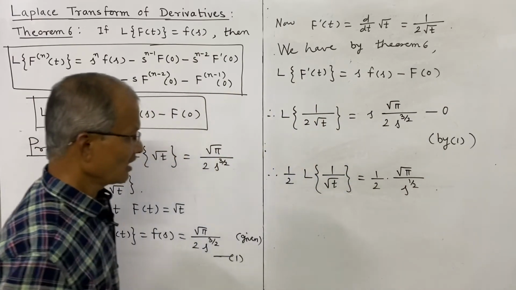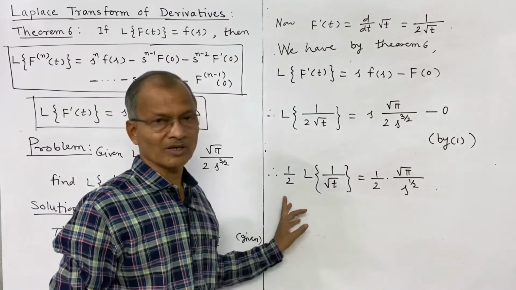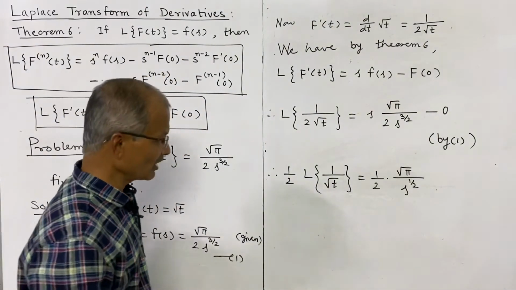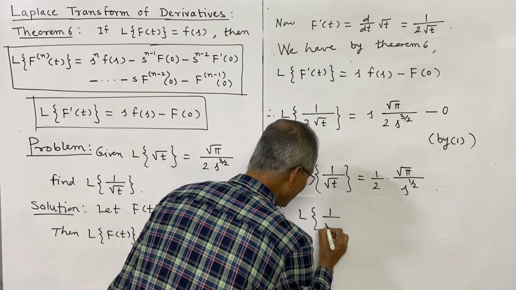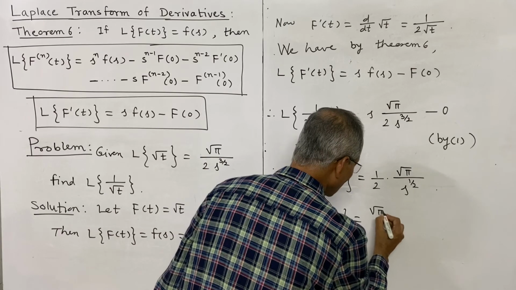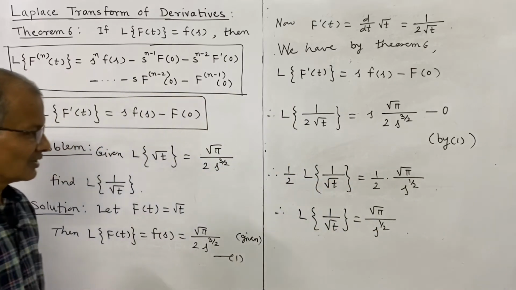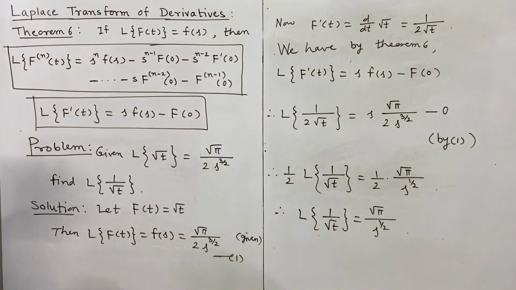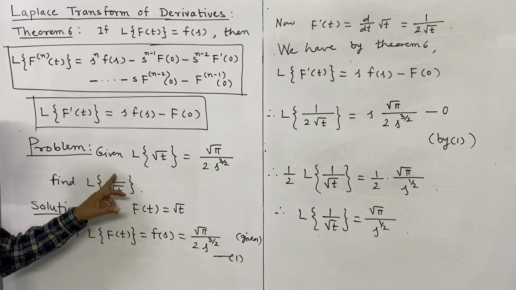So this is the expression now, and half can be divided out from both sides, or multiply both sides by 2. So this gives Laplace transform of 1 by root t is equal to root pi divided by s to the power half. So this is the result that we wanted to find out, Laplace transform of 1 upon root t.